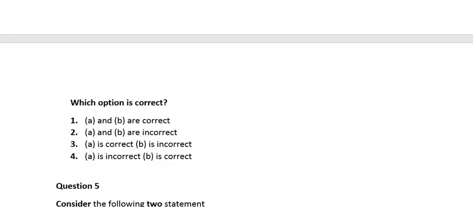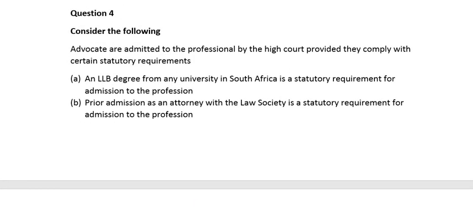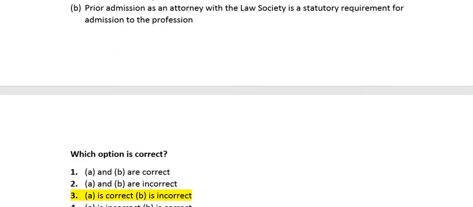Number 2, A and B are incorrect. Number 3, A is correct, B is incorrect. Number 4, A is incorrect and B is correct. So guys, the correct answer is number 3, which is A is correct and B is incorrect. So the correct answer is number 3.